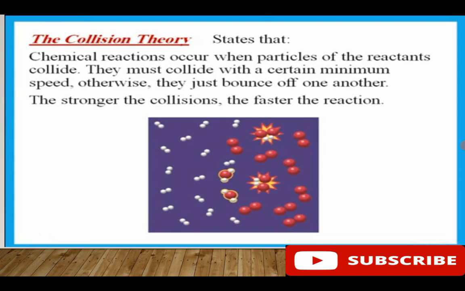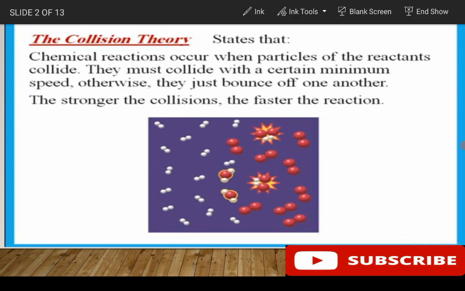All right. So we're saying for a chemical reaction to take place, the reacting particles must collide. They must collide with minimum speed, but also they must collide with minimum energy.